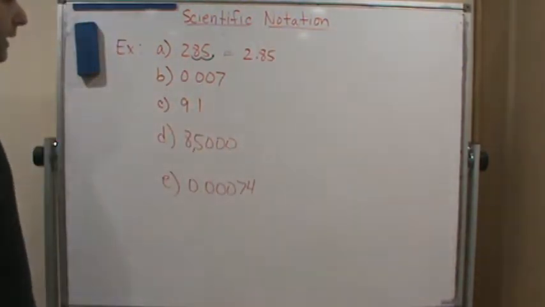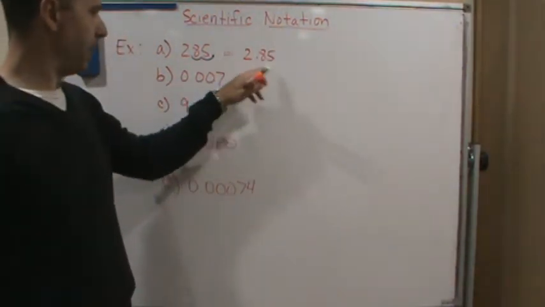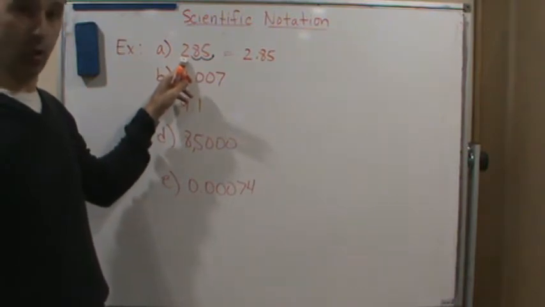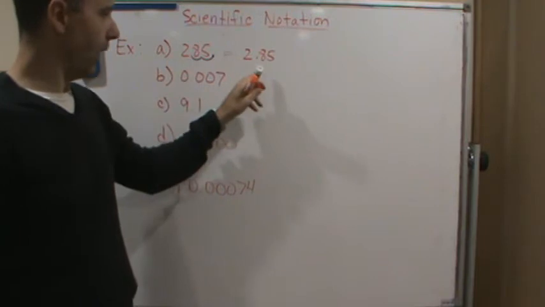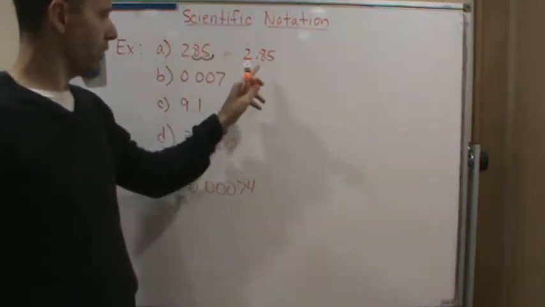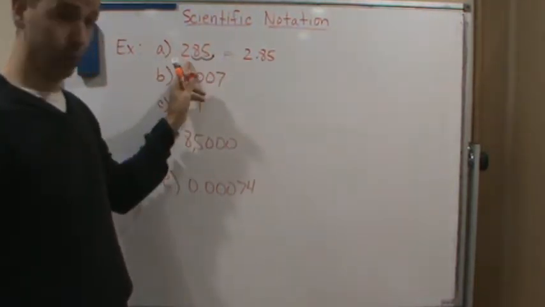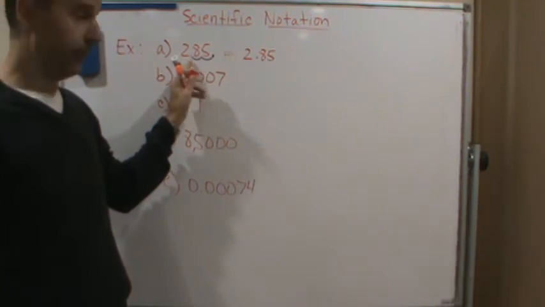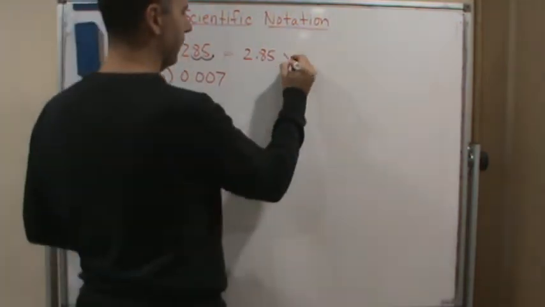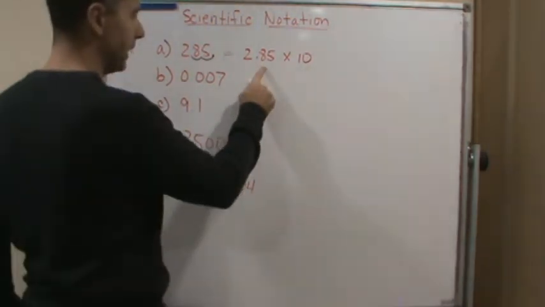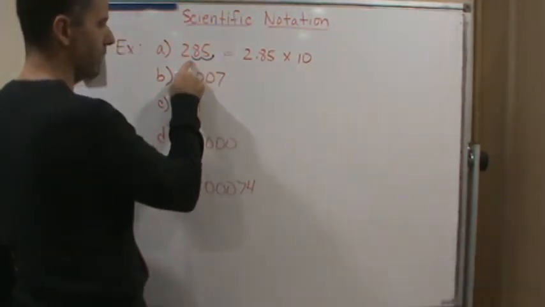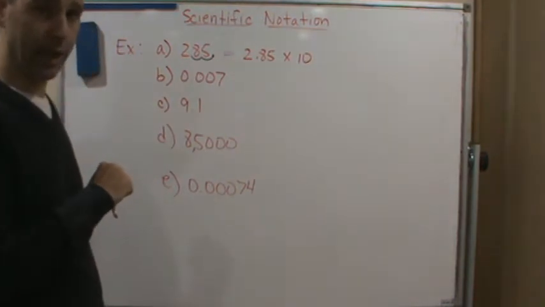But again, I wrote it as 2.85, but the number has to be 285. 285 is the number. So I've got to make this equal, right? 2.85 is not equal to 285. So I need to multiply by a power of 10, right? Well, how many place values did I move? I moved 2 place values to the left.